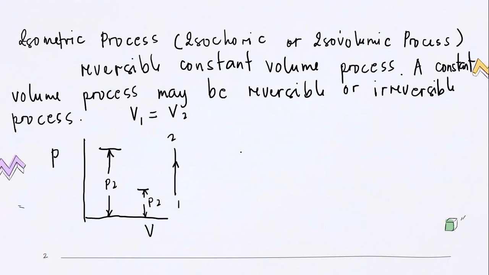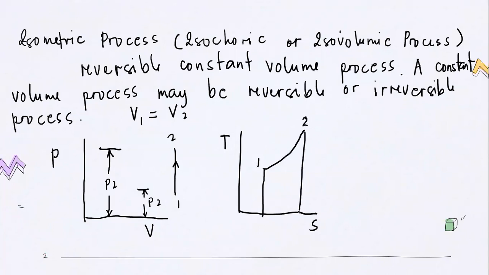Okay. Then under the TS diagram, that is temperature and entropy plane diagram, as the temperature increases, the entropy also increases. This one is your 1 and 2. This one is your S1.